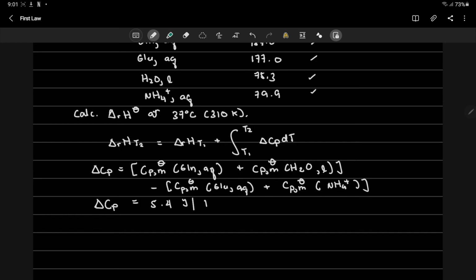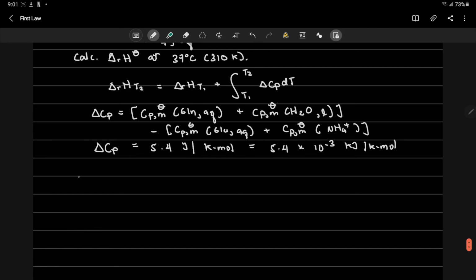joules per Kelvin mole. Now, let's go ahead and convert this to kilojoule per Kelvin mole. So, I just have to multiply rather 10 to the negative 3. So kilojoule na yan per Kelvin mole. Okay, so we can now substitute. We are after the enthalpy of reaction at what temperature? 310 Kelvin. So enthalpy at 298 Kelvin given yan or 25 degrees Celsius.